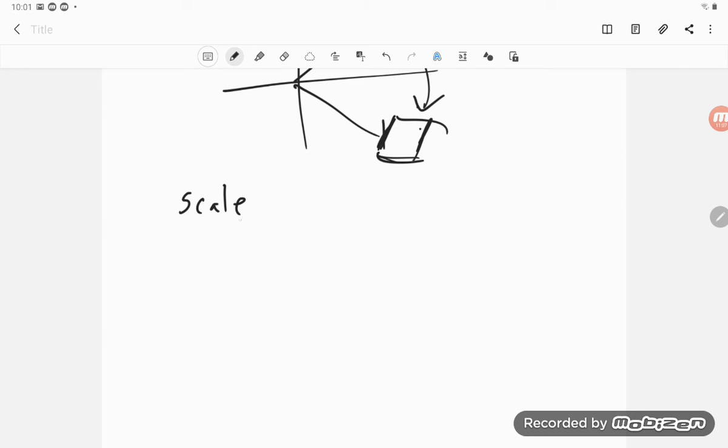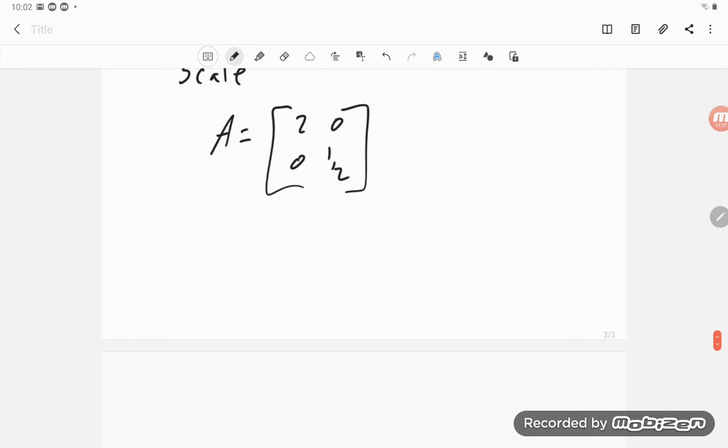But notice that I can scale along various directions, and so suppose I let A equal 2, 0, 0, 1/2. What happens to, say, a square if I do something like that?